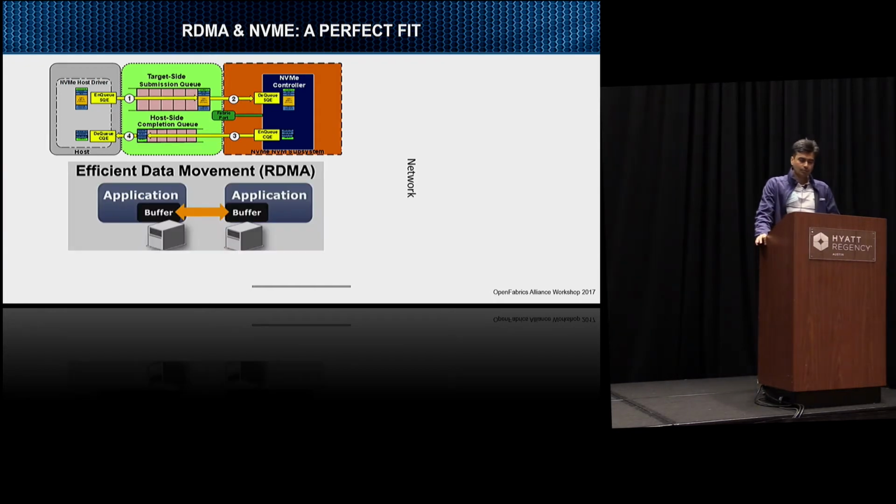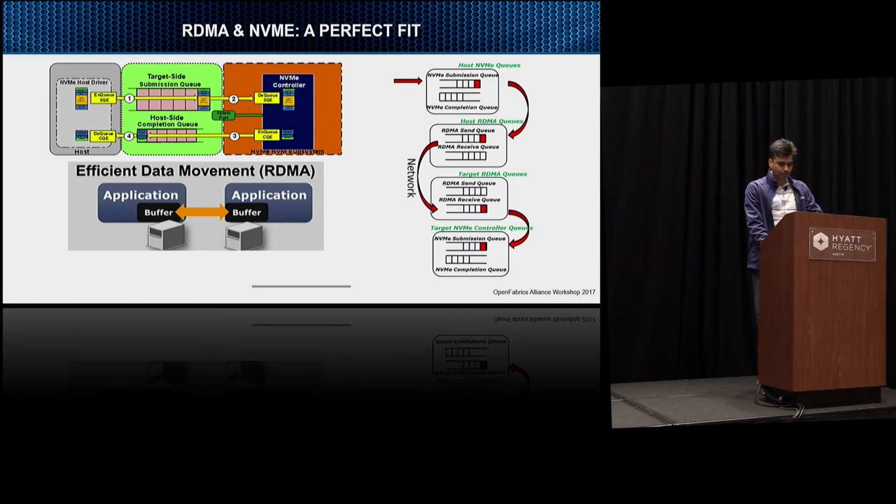So RDMA obviously achieves buffer to buffer copy from one node to the other node, and NVMe makes the right use of it. If we see on the rightmost side, you have the NVMe submission queue that maps to the RDMA send queue, and on the target side, it maps to the RDMA receive queue.